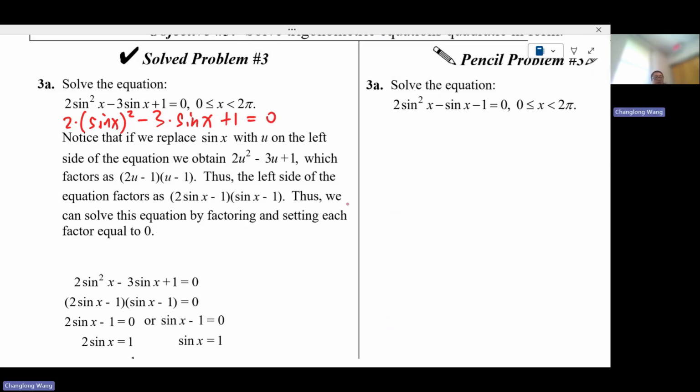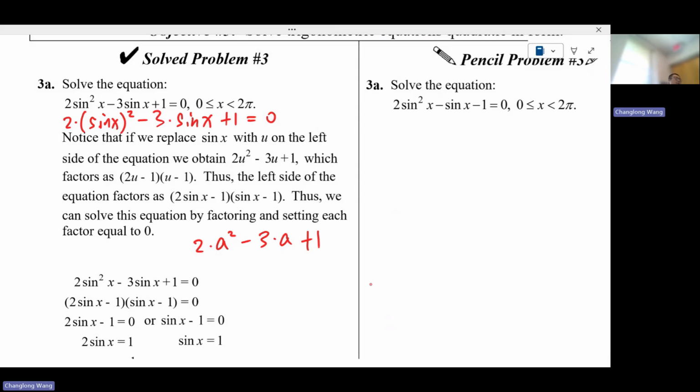So that's a quadratic expression, and they wanted to factor the left-hand side. So that means, do you know how to factor something like 2 times a squared minus 3 times a plus 1? This reminds you of something in college algebra, how to factor a quadratic trinomial.